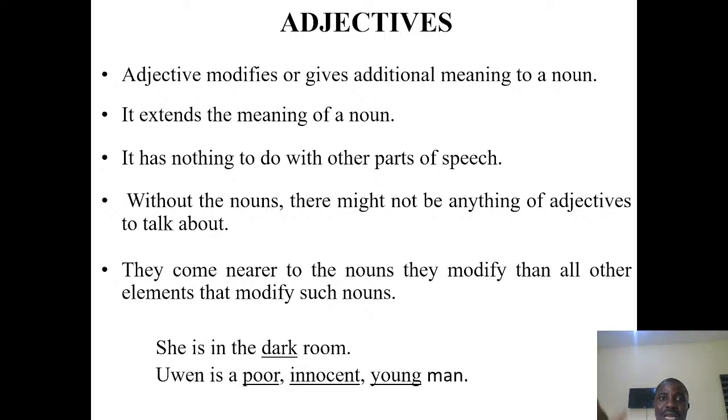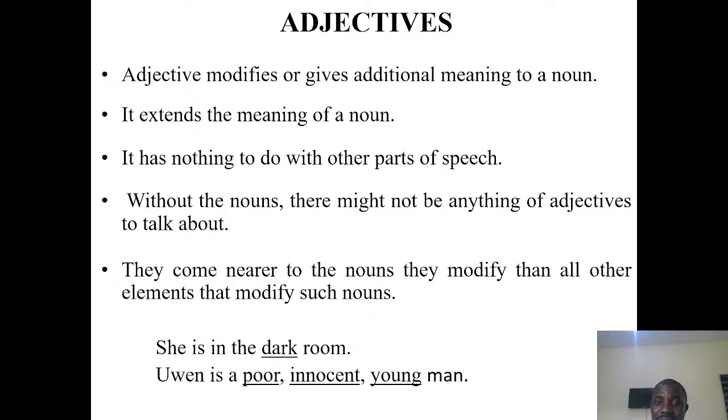Adjectives. Originally, adjectives are used to modify nouns. Anywhere you see an adjective, you see a noun. Like in the sentence, she is in the dark room. You can simply say she is in the room, but the word dark has redefined the room to further tell us how the room is.